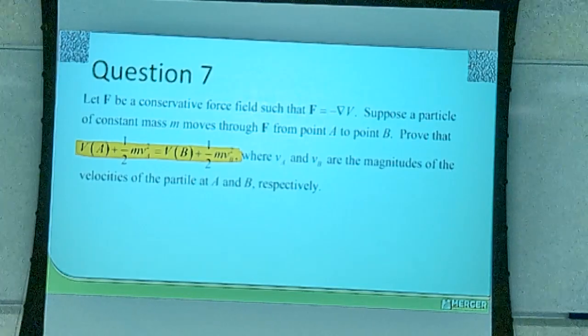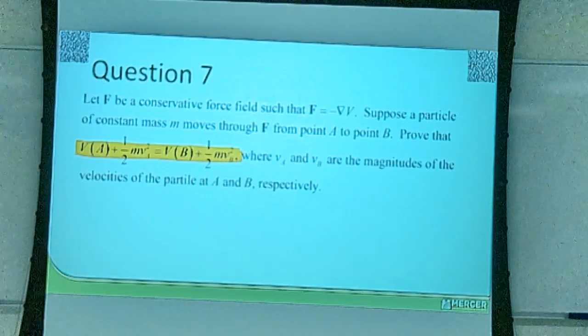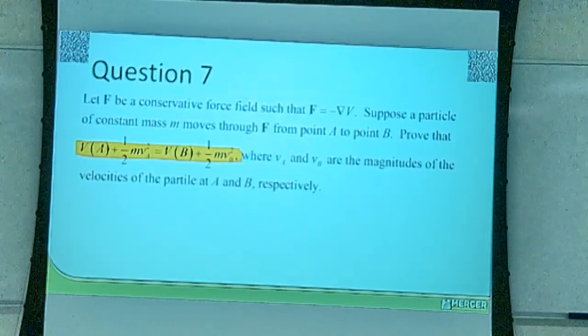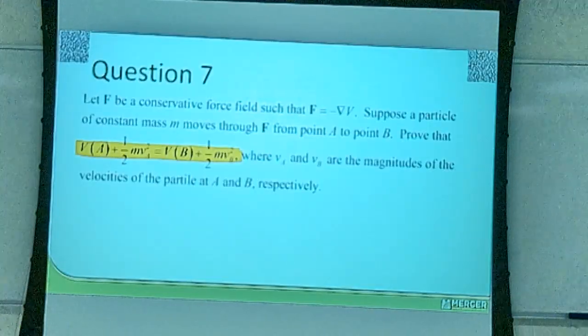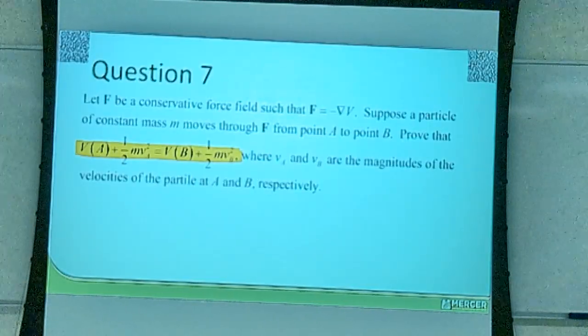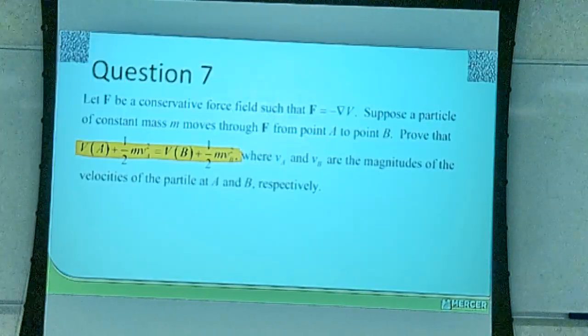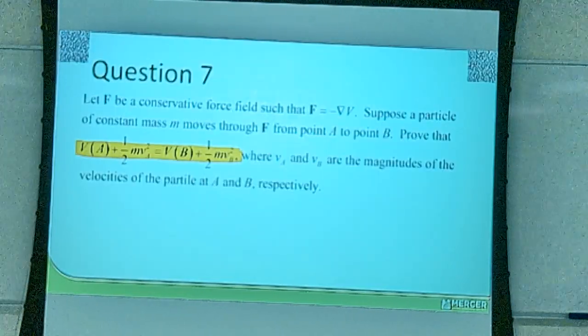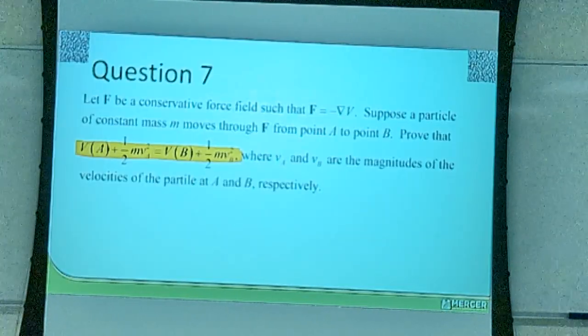That's very sad. Isn't that the acceleration? That's conservation of energy. A half mv squared is kinetic energy. V is potential energy.